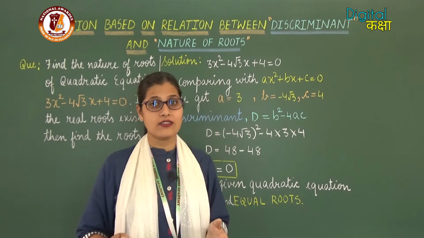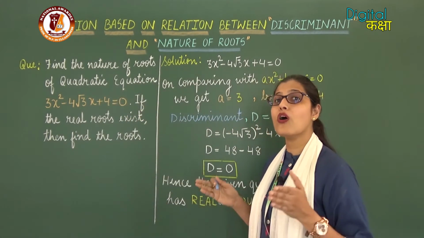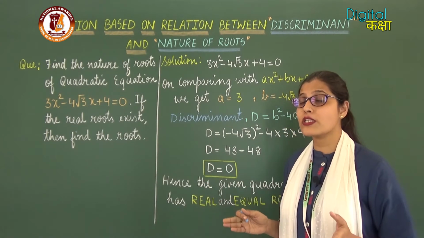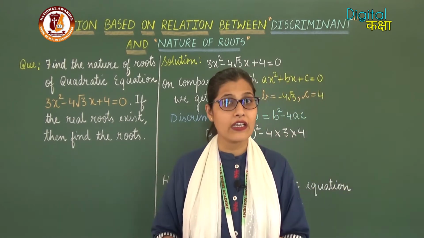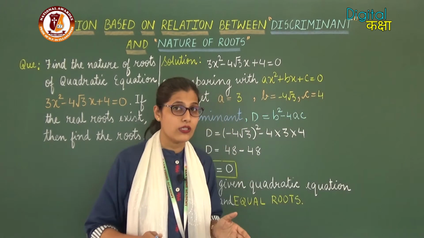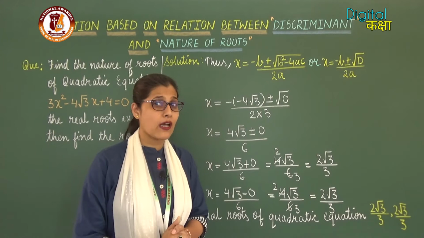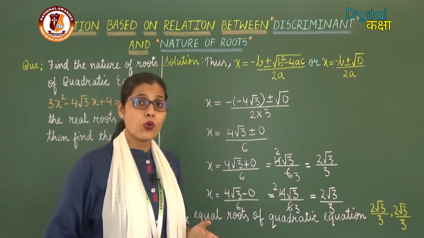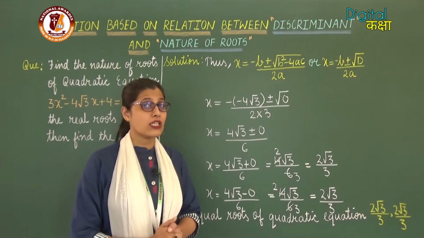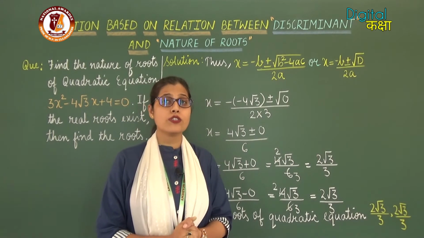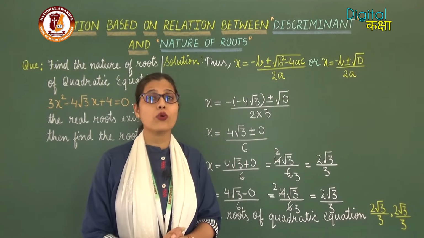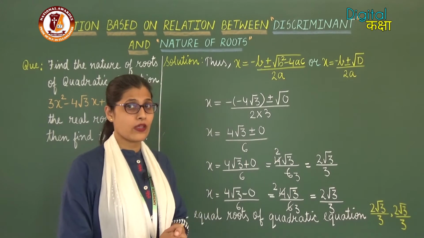As we know that when the value of discriminant is equal to 0, then the roots are real and equal. As the roots are coming real, so we will be using the quadratic formula for getting the roots or solution of the quadratic equation.